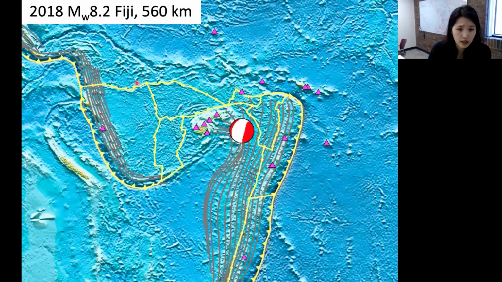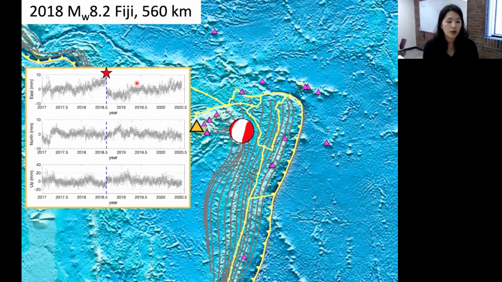So we can take a look at one of the GPS stations and look at the real data there. We have a 3-component time series here: east, north, and up components. Here again, the dashed line marks the timing of the earthquake. What's encouraging here, at least, is that you see pretty clear coseismic displacement.